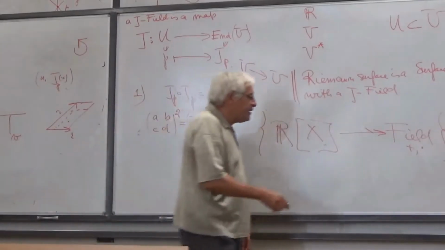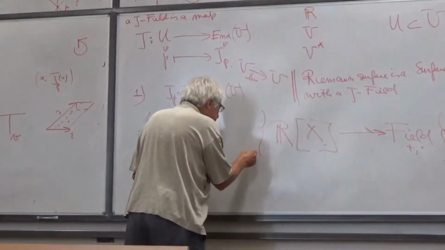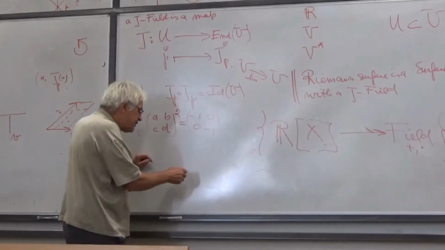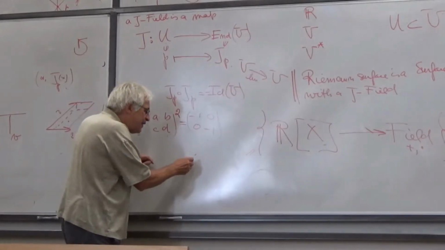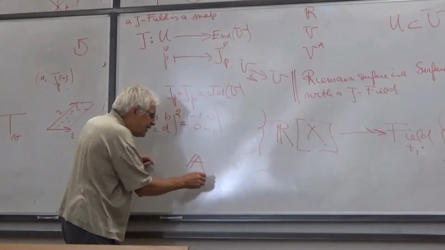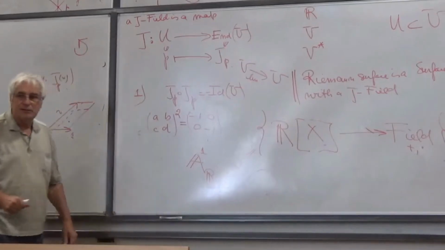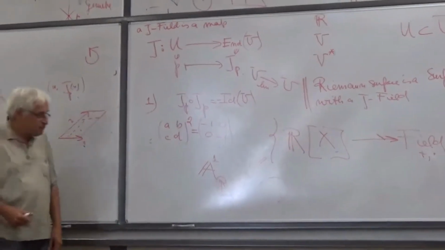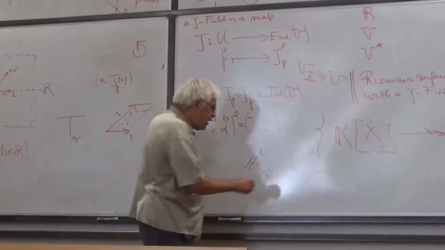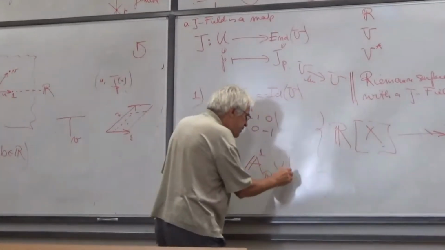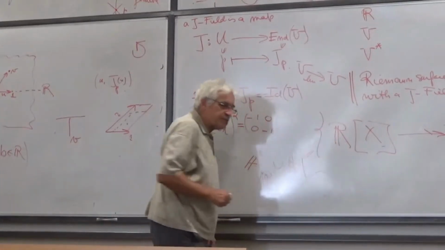And this set breaks naturally into 2 pieces. Piece 1 is the affine real line, and it is a disjoint union with another piece, which is the hyperbolic plane.